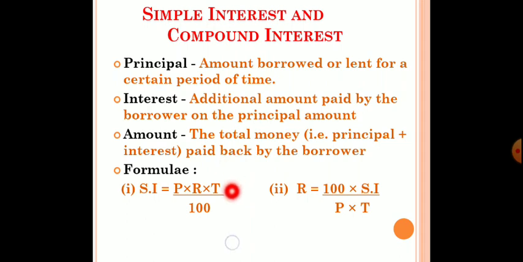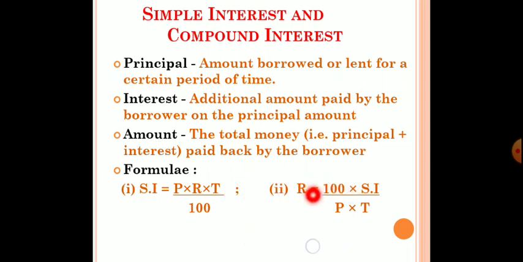So the formula for simple interest is P into R into T divided by 100, that is principal into rate of interest into time by 100. From this formula we can derive some other formulas.